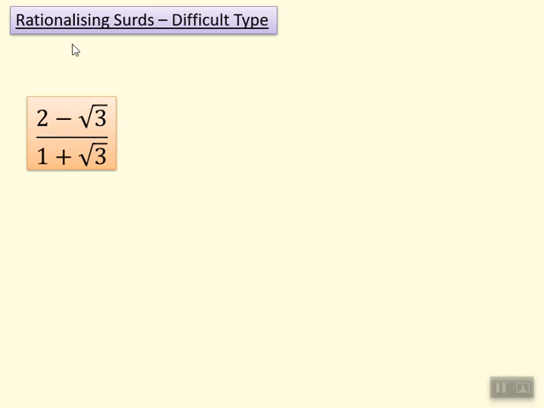is because on the bottom there's this plus sign in between these two terms here, or it could be like 1 minus root 3 on the bottom or something like that. But because you're adding something on the bottom together or taking things off on the bottom, you can't just go ahead and multiply top and bottom by root 3.